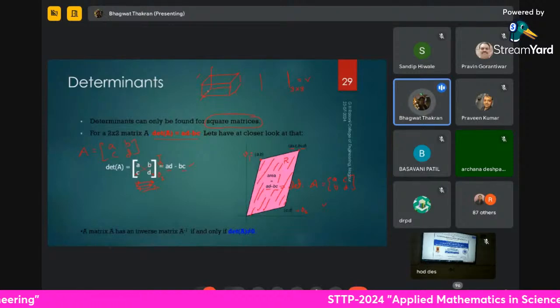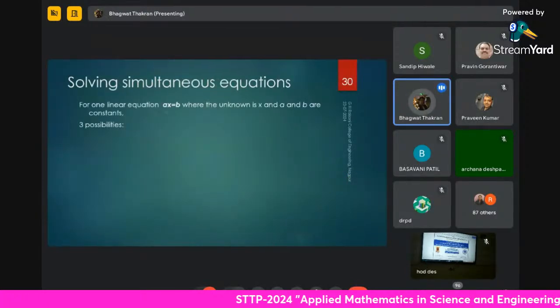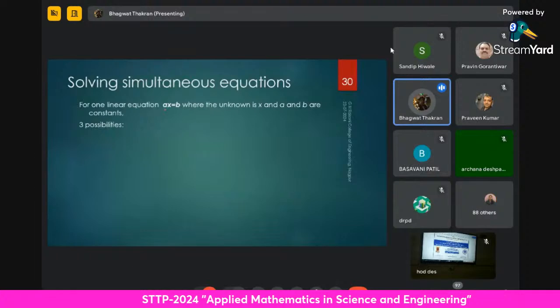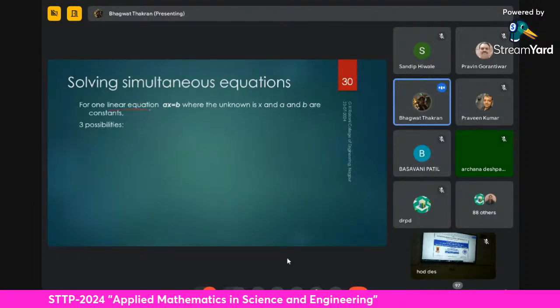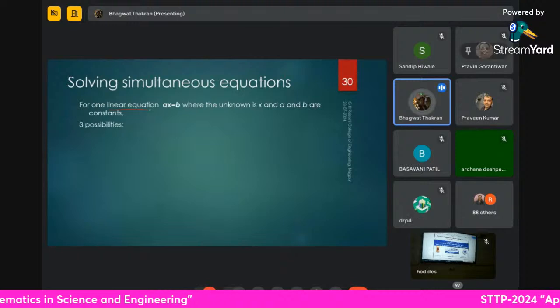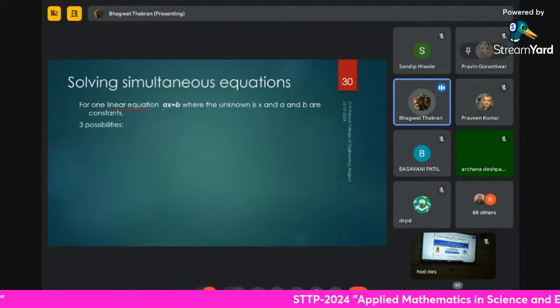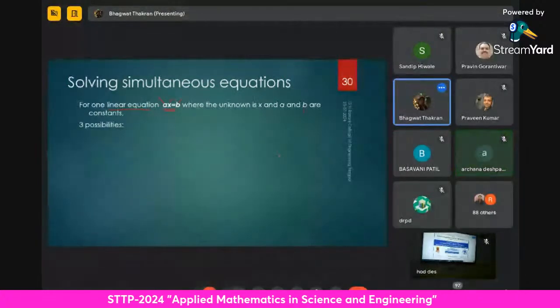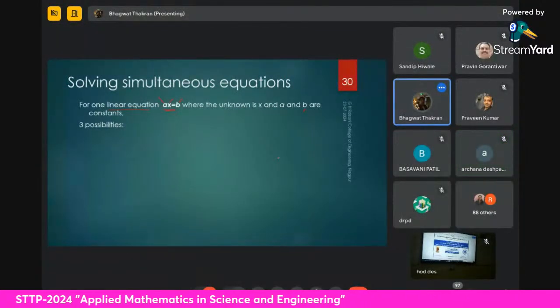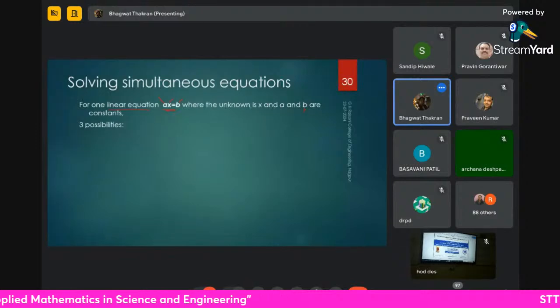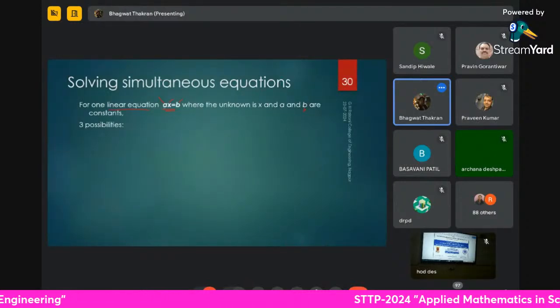So if you need to solve a linear equation AX = B, where A and B are constants, there are only three possibilities for this system.